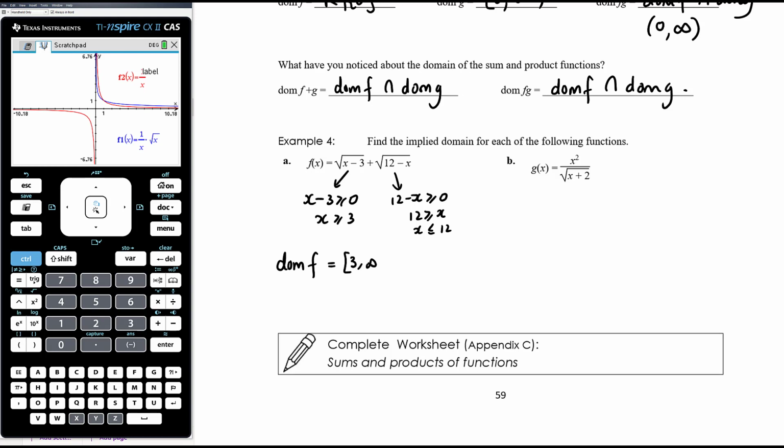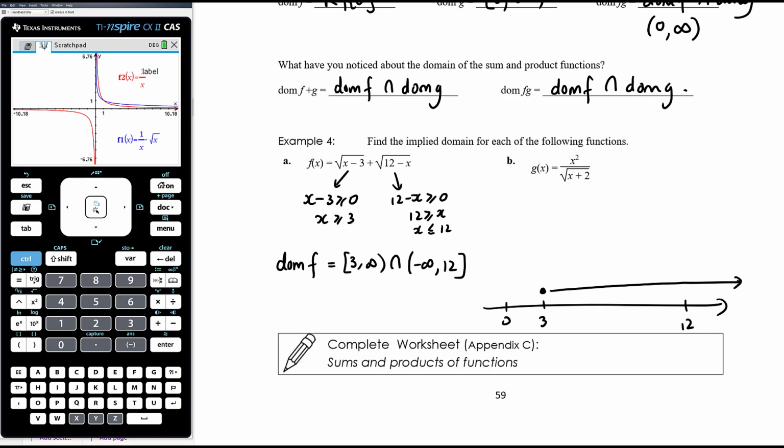So 3 to infinity, intersection, negative infinity to 12. If you need a number line to think that through, okay, 0, 3, 12, 3 to infinity is all of those numbers, negative infinity to 12 is all of those numbers. The intersection, therefore, is this bit here, 3 to 12 inclusive.